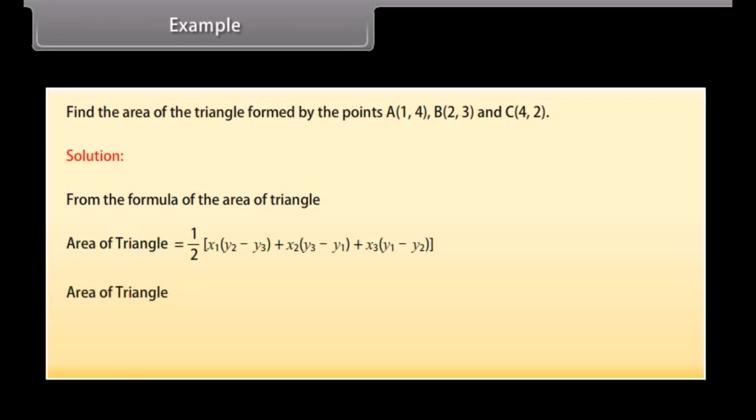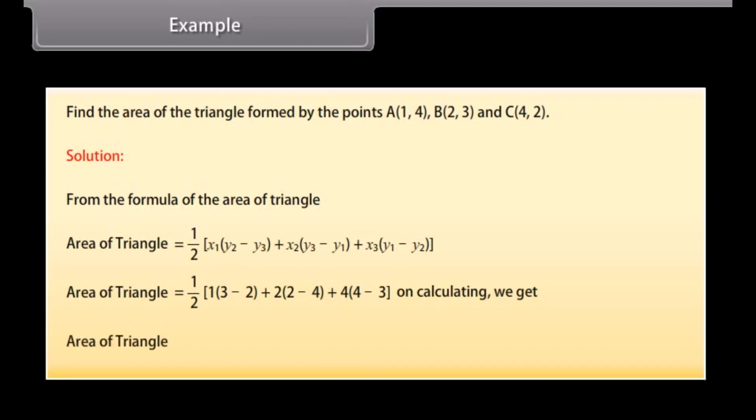We have area of triangle is equal to 1 by 2 [1 into (3 minus 2) plus 2 into (2 minus 4) plus 4 into (4 minus 3)]. On calculating we get area of triangle is equal to 1 upon 2 square units.